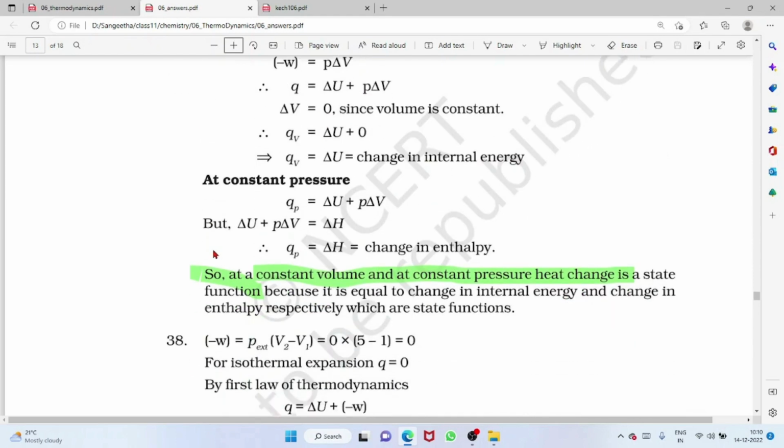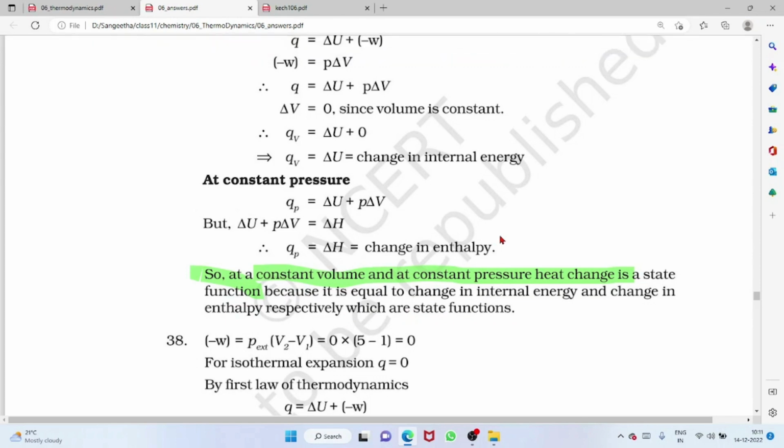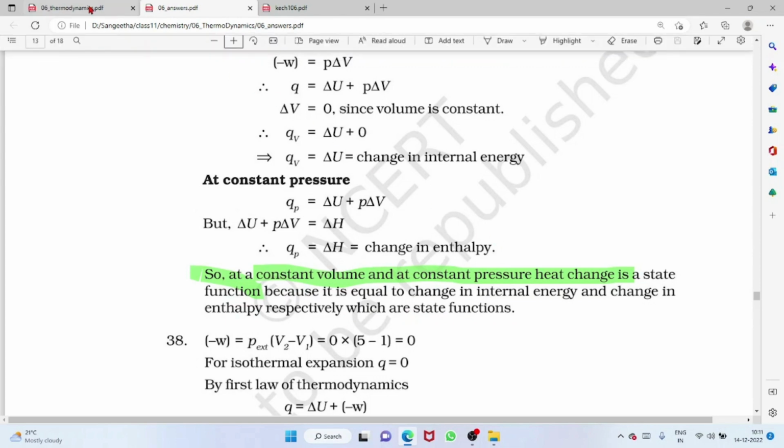At constant pressure, it is equal to the change in enthalpy. So at constant volume and at constant pressure, heat change is a state function because it is equal to the change in internal energy and change in enthalpy respectively, which are all state functions. Enthalpy and internal energy are state functions.